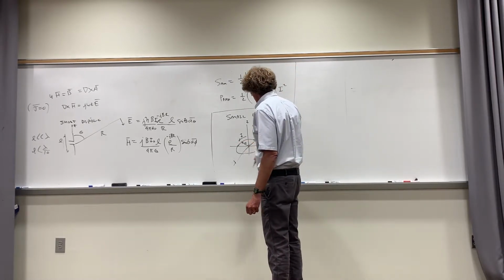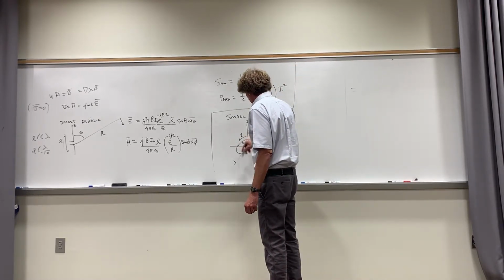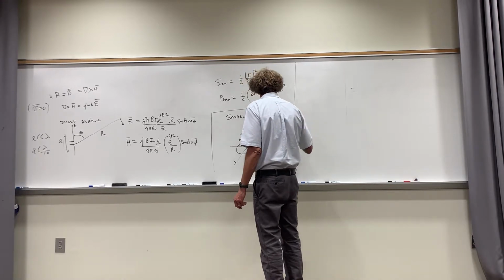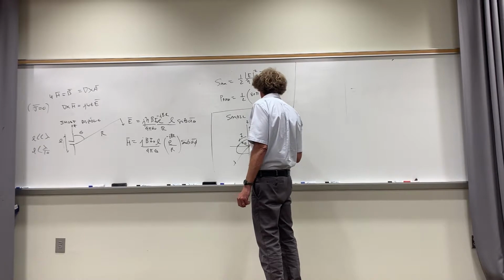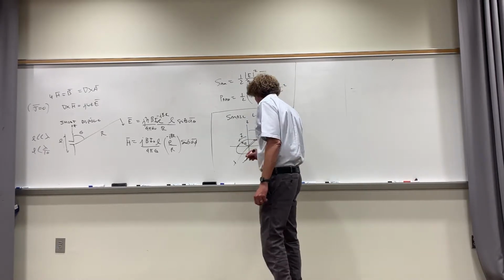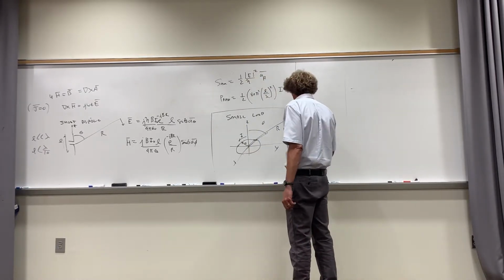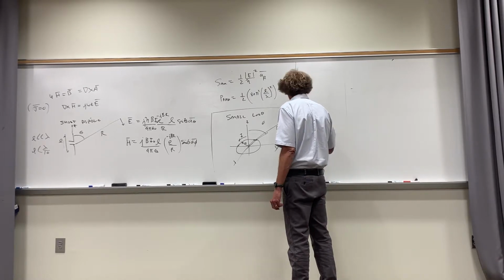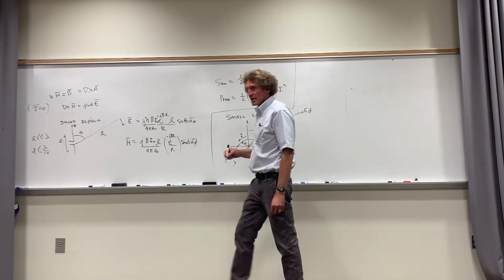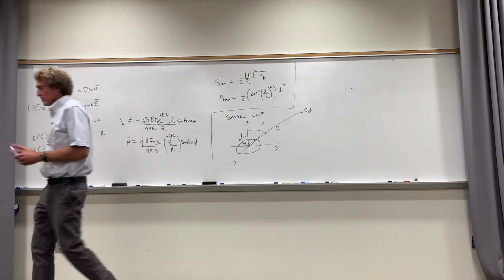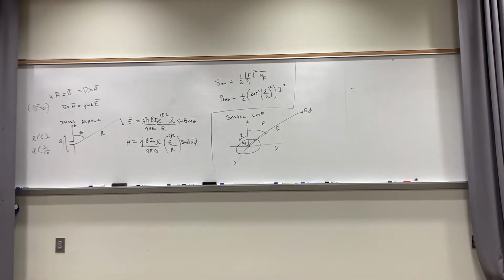Now think about this, in the XY plane we have a loop with a current on it, and we come out at an angle theta at a distance r, and I've got to tell you something about this. The electric field will not be in the theta direction, it will be in the phi direction. This is tough for me to draw, but this is the E field and it's in the phi direction. Something else I'm going to tell you about the electric field to give you more of an appreciation of it.